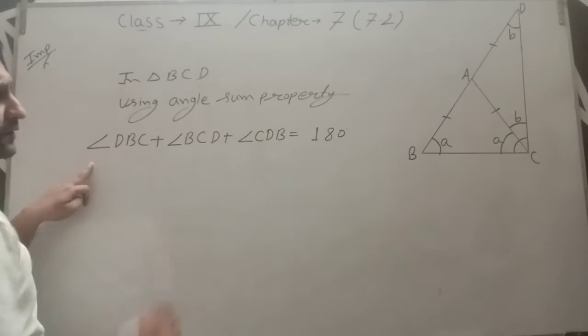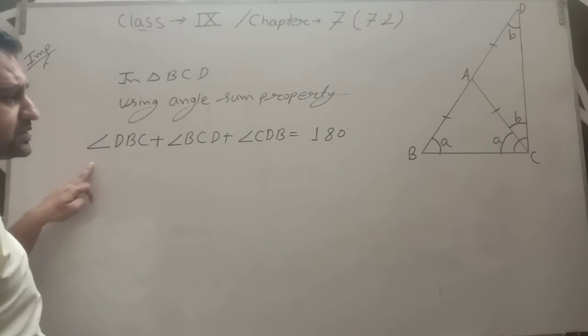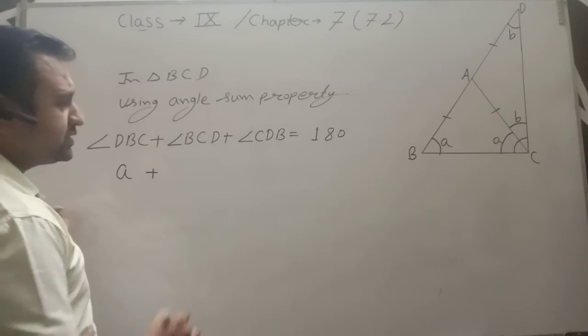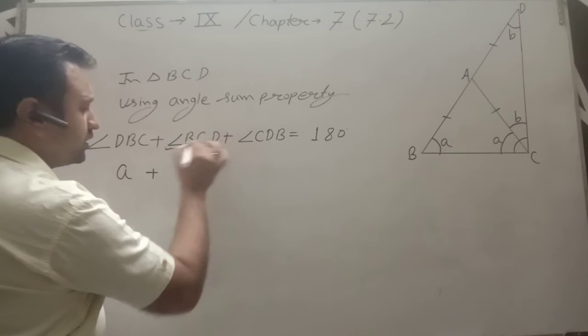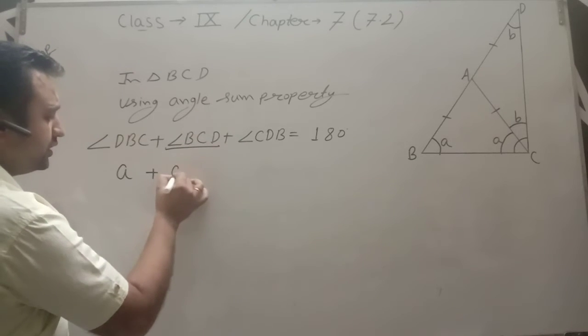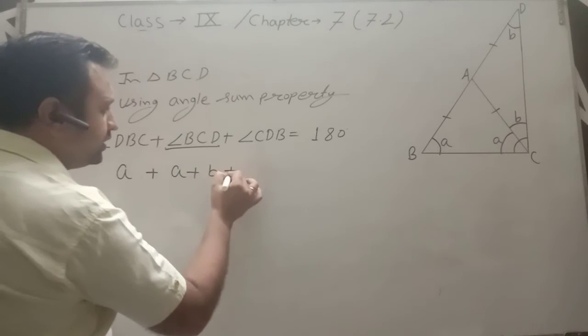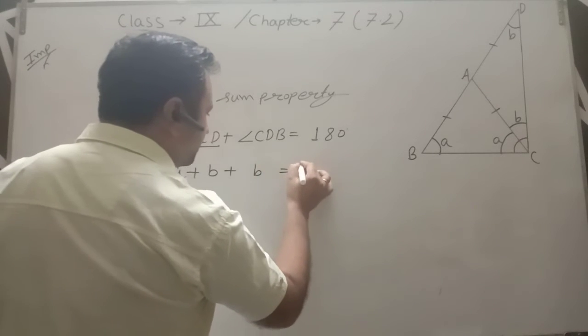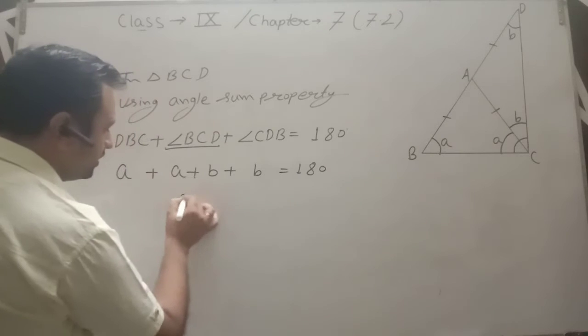Angle DBC we write as small a. Angle BCD can be written as small a plus small b, and angle CDB is small b, which is equal to 180 degrees.